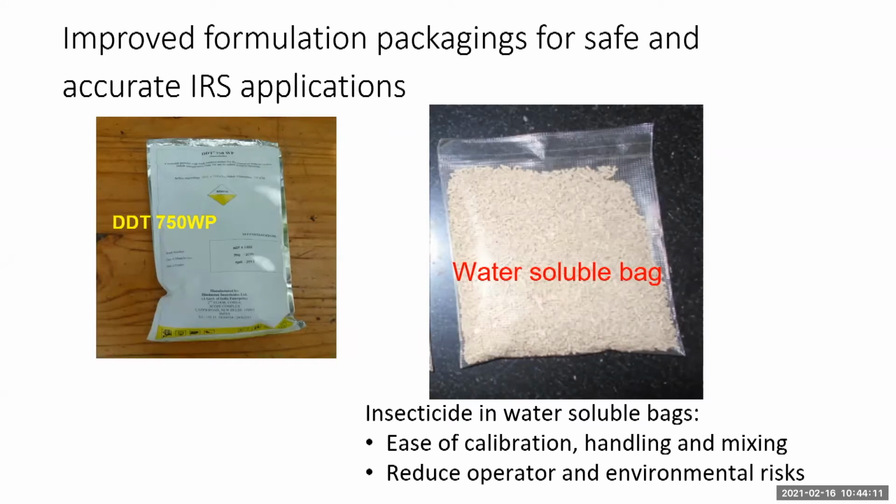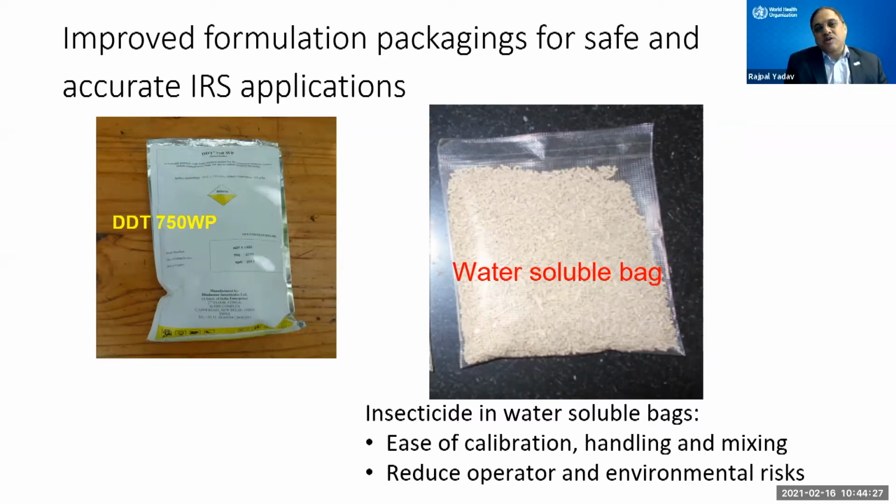A sudden splash of the powder from the pouch when you open it can also contaminate eyes, mouth and nose. So there are lots of risks in handling these insecticides when they are marketed in sachets or bigger packets.